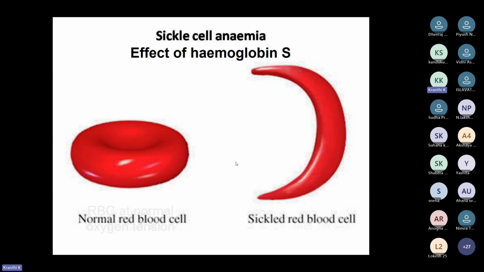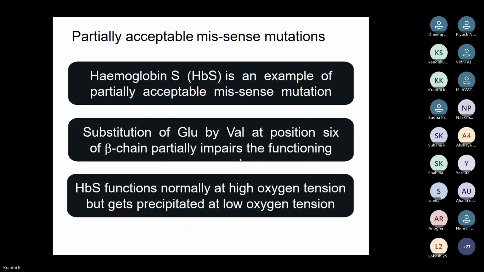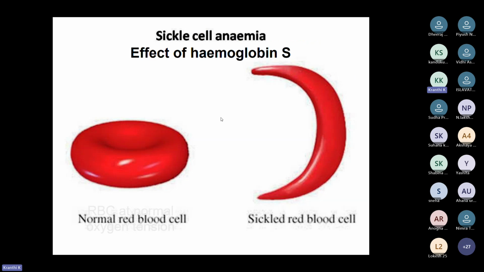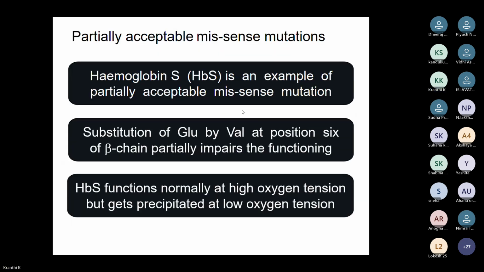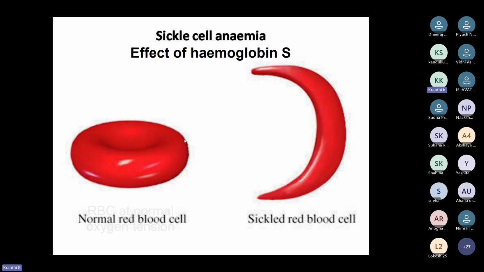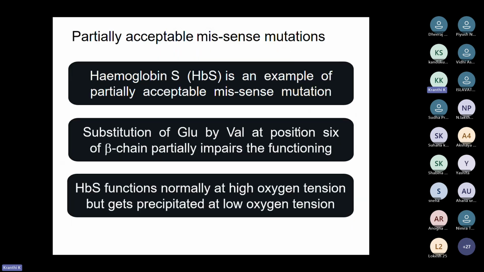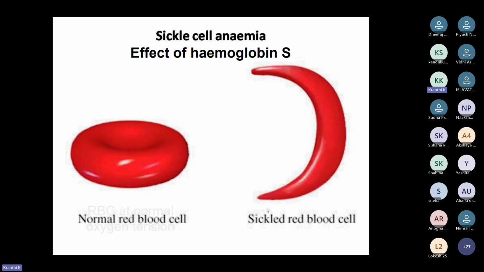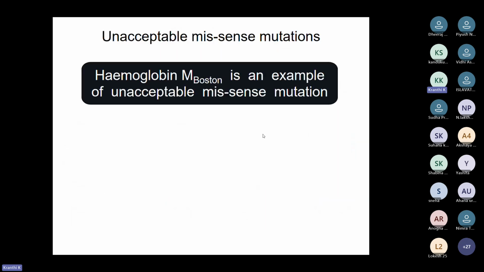No, they won't get proper oxygen. That's it. That is partially acceptable. It's not like completely rejected, right? The shape of the red cell became sickle, but still they have the oxygen carrying capacity, right? So that is the reason this is partially acceptable.